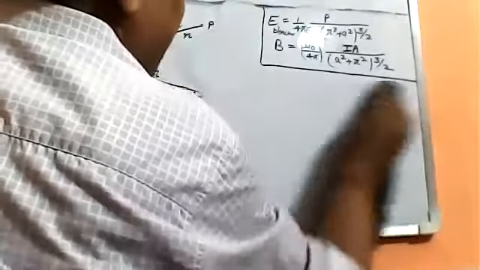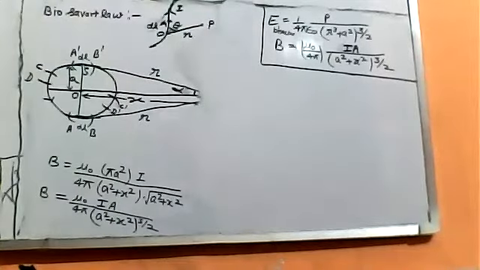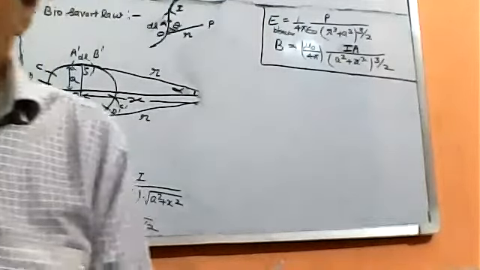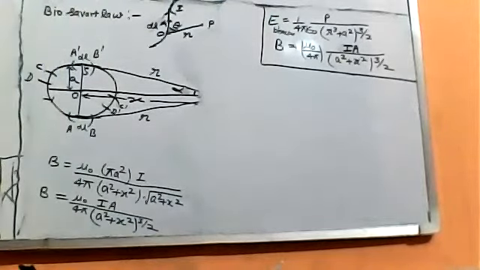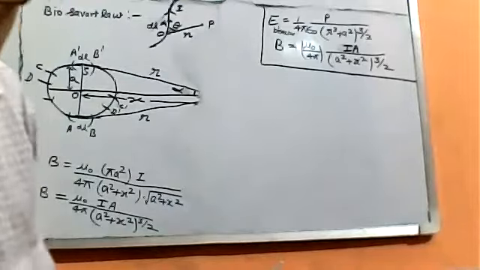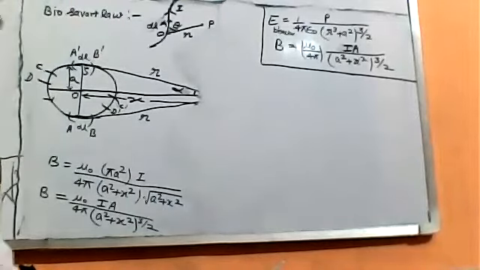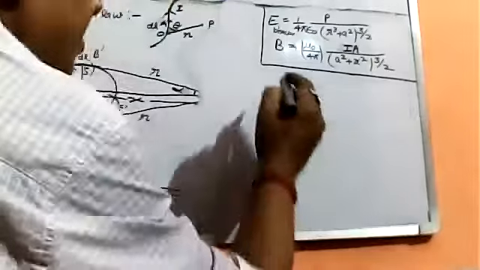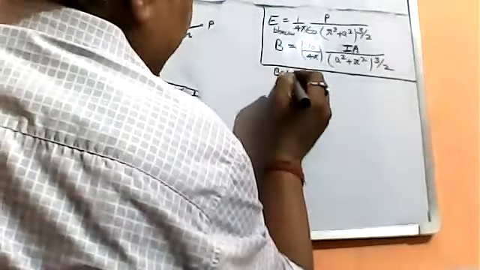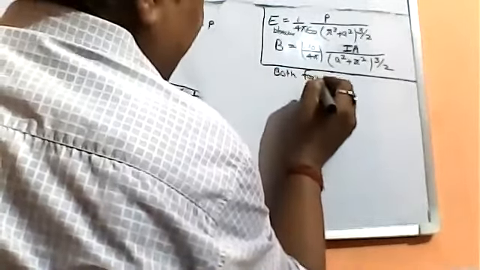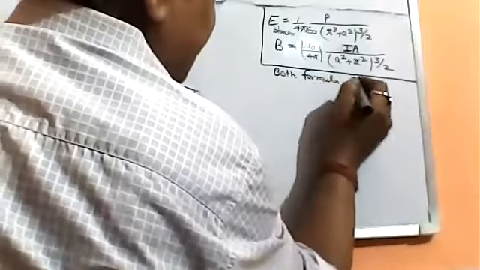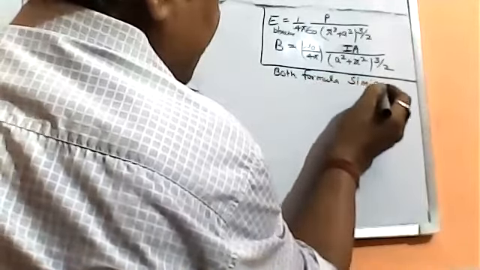And in place of P in magnetism, the value coming is IA. So we can say that IA is the magnetic dipole moment. From here we come to the conclusion that both formulas, electric and magnetic, are similar. See on the board.